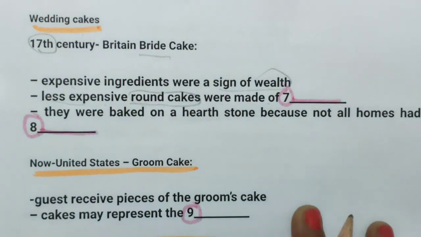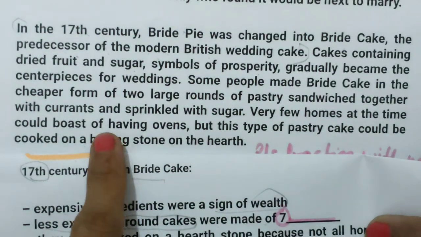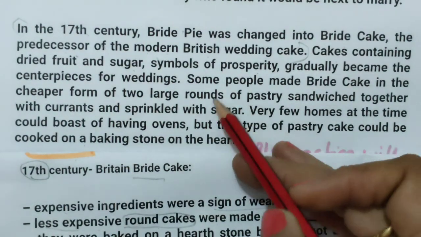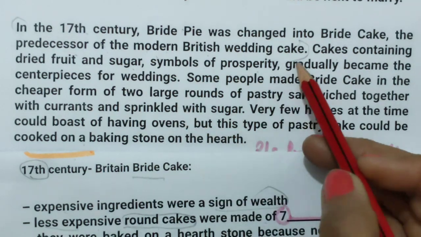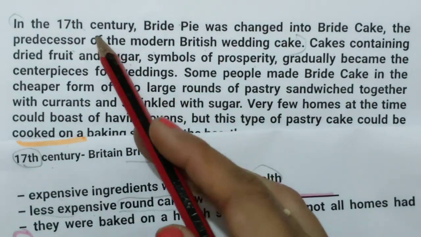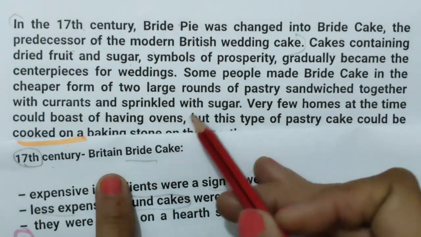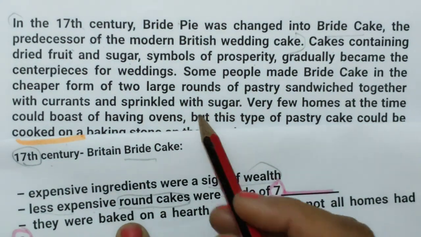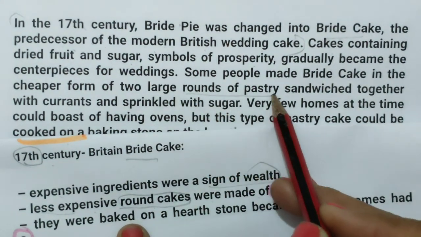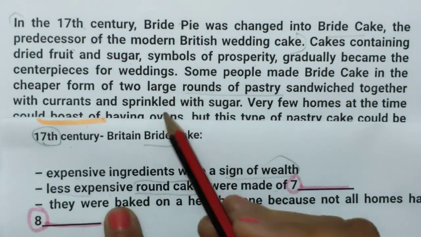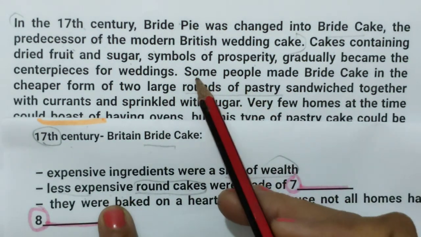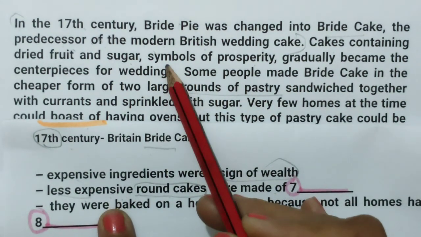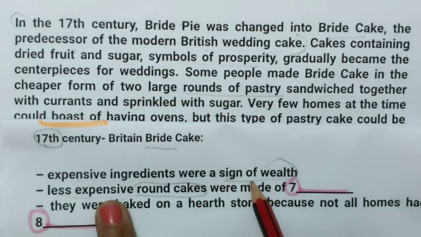So let's find. We have left the location of true false, not given here, only in this paragraph. Okay, so after that, 17th century is here, British bride cake here it is, and we have to find round cake. So I can see this, round of pastry. So less expensive. Let's read it fully. Symbols of prosperity, sign of wealth is here.